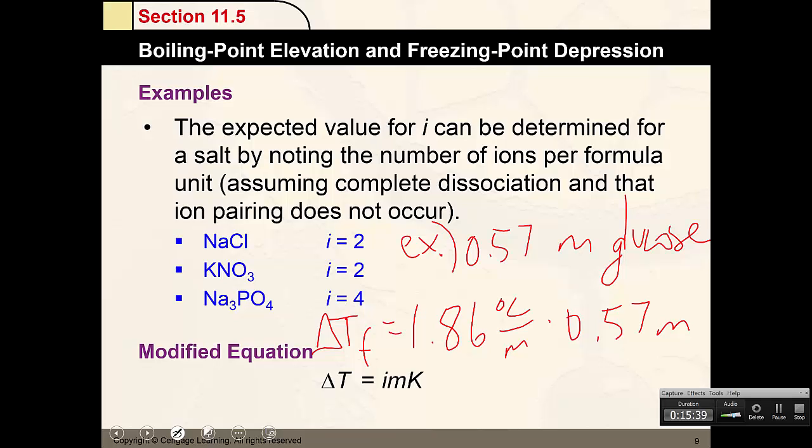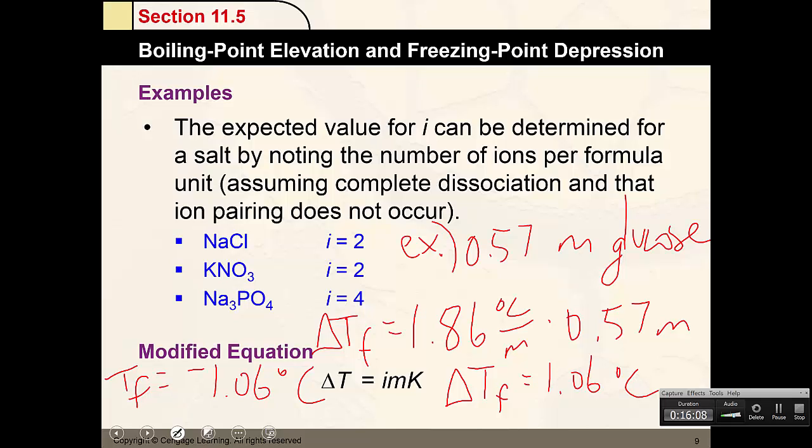And so your change in freezing point is 1.06 degrees Celsius. However, that means your final freezing point, remember you have to take 0 minus that value, so that means the new freezing point of that water solution is negative 1.06 degrees Celsius.